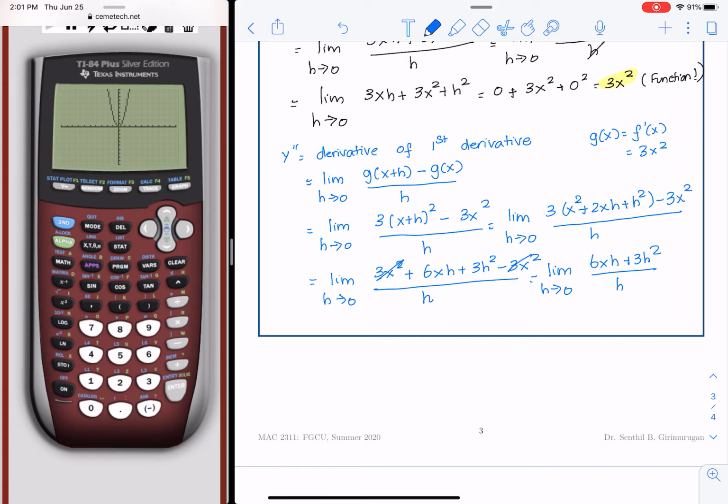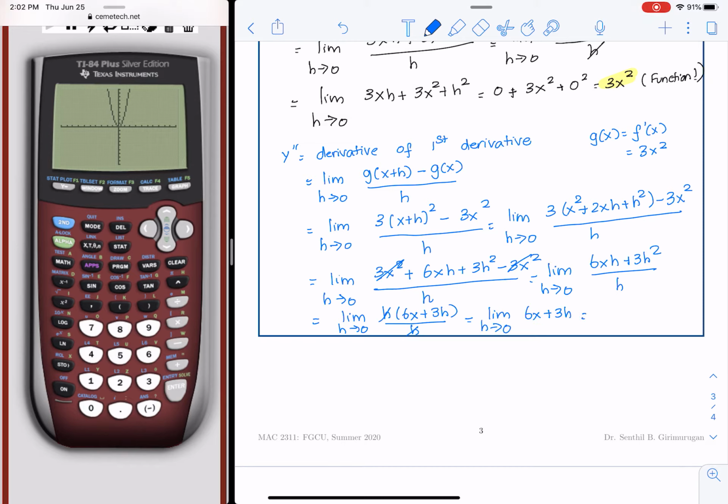There is an h in common in the numerator, so let's pull that out. 6x plus 3h over h. The h's would go away. Limit h approaches 0, 6x plus 3h.